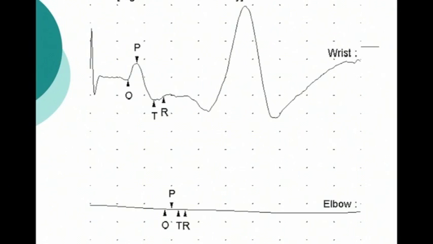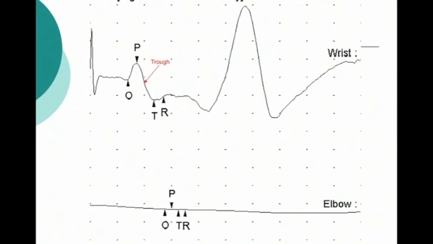Now here's another example of a sensory potential here. You see that we still see a big motor artifact, but you see here that the O and the T are not symmetrical. The T is at the bottom. The T should be where this red arrow points to.